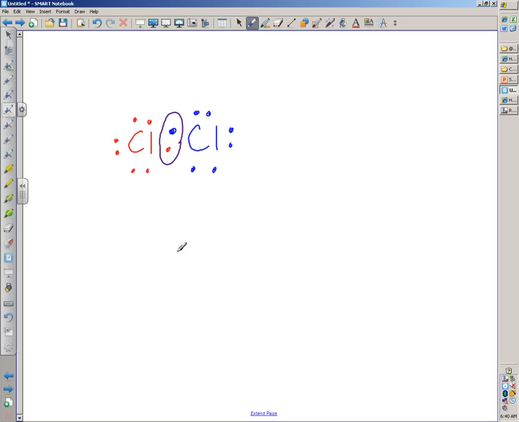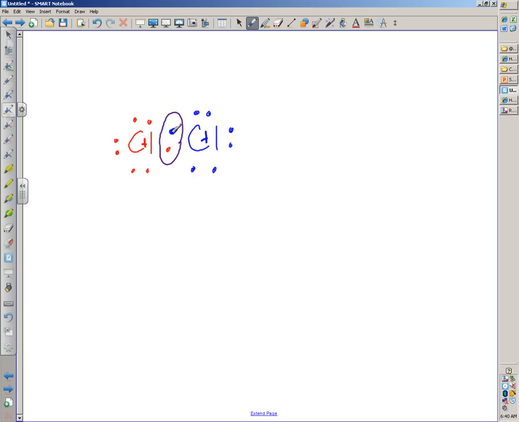But from a bonding standpoint, remember, there is a positive nucleus inside of this chlorine atom. We don't show it in the Lewis structure, but it's there. And there is a positive nucleus inside this blue chlorine. Now that positive nucleus inside the red chlorine is attracted to this blue electron. Well, guess what?